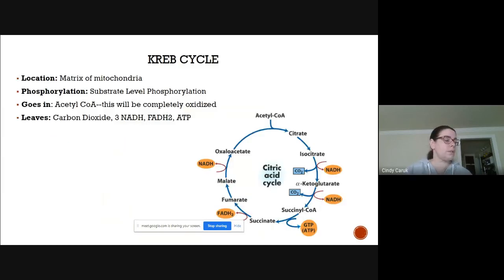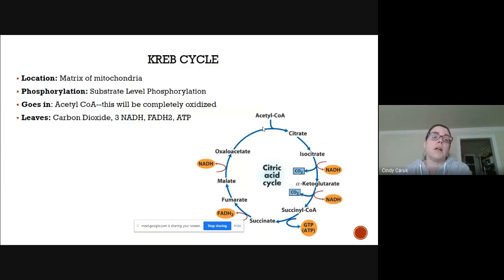So your Krebs cycle, you do not need to know all the intermediates of the Krebs cycle. It's going to occur in the matrix of the mitochondria. It's substrate level phosphorylation. Okay. So the energy is coming from the breaking of bonds or rearranging from high energy bonds to low energy. What goes in is the acetyl-CoA.